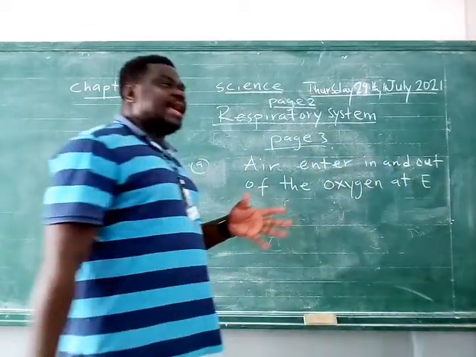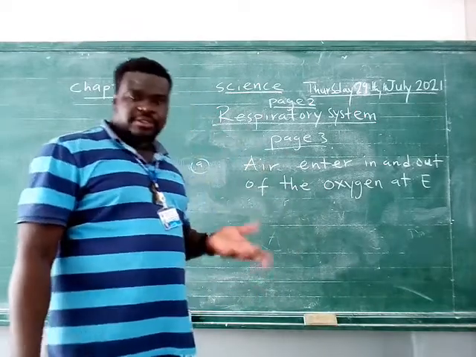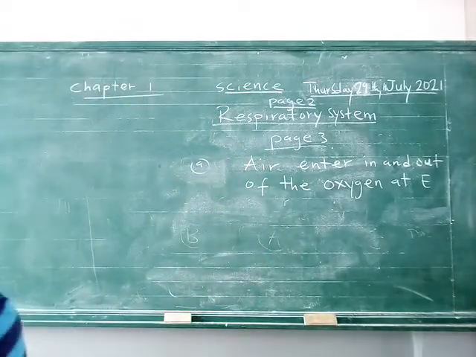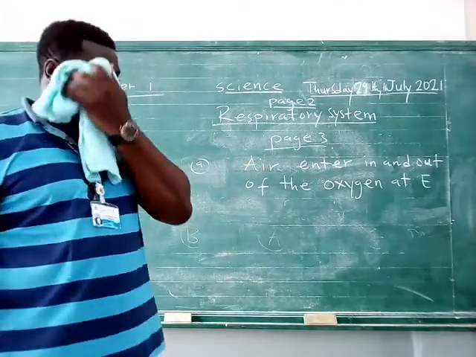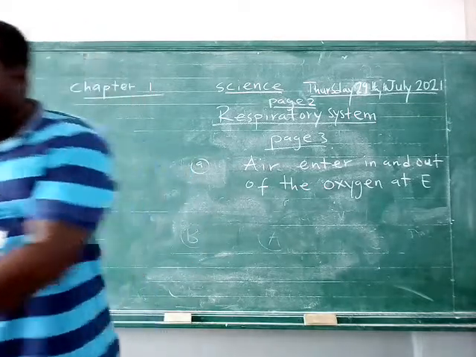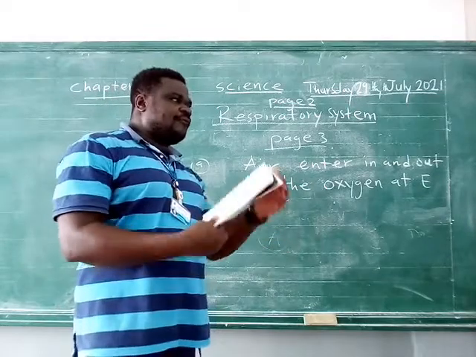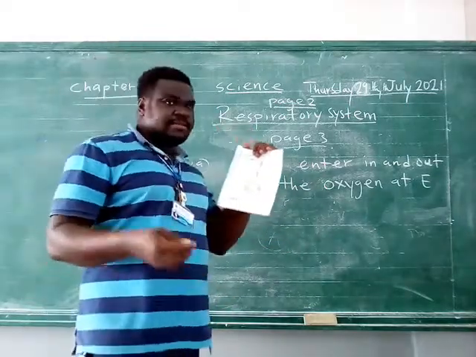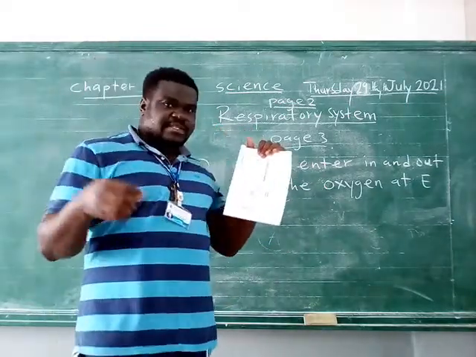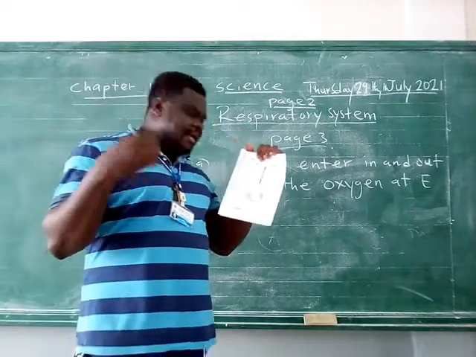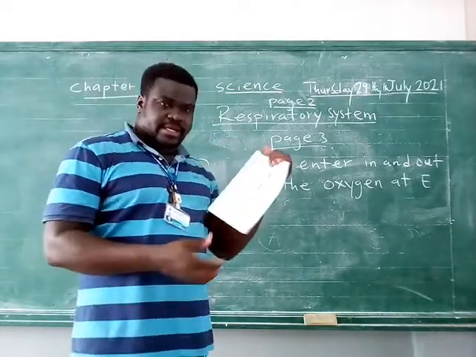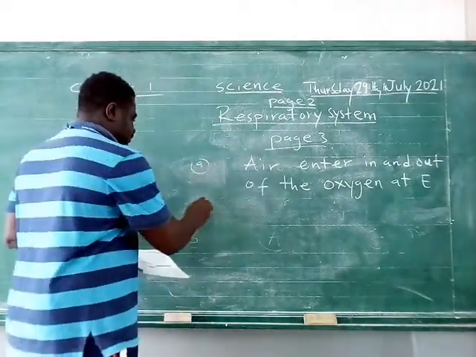So there is air that enters in and out. Oxygen at E helps air to enter in and out of the lungs, the right lung. Okay, copy.